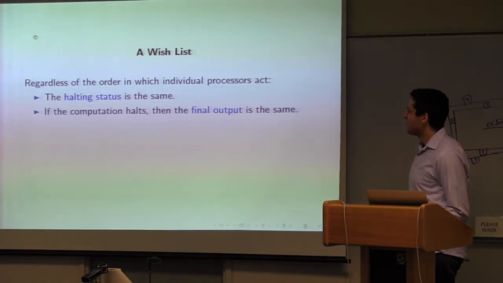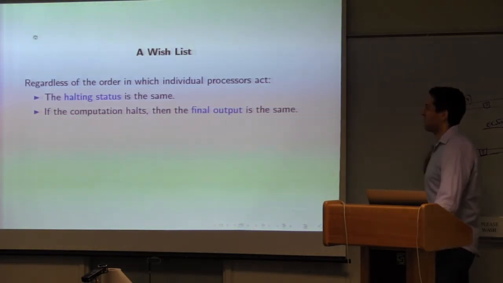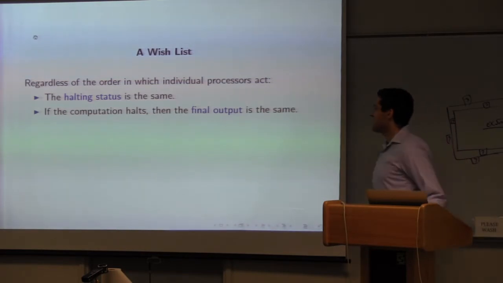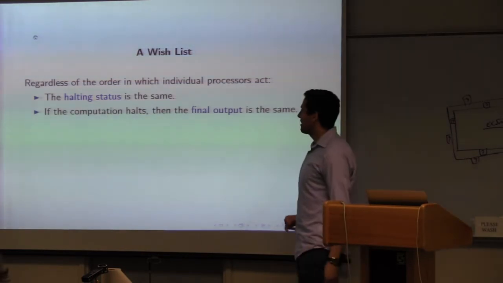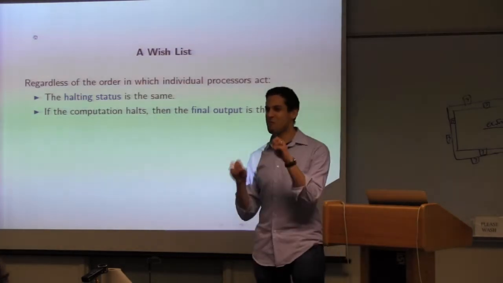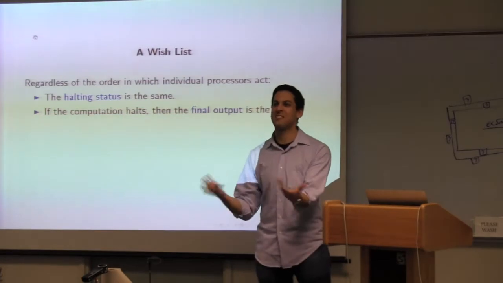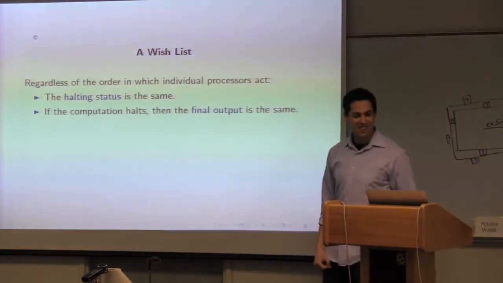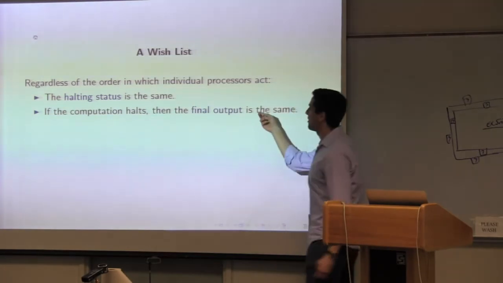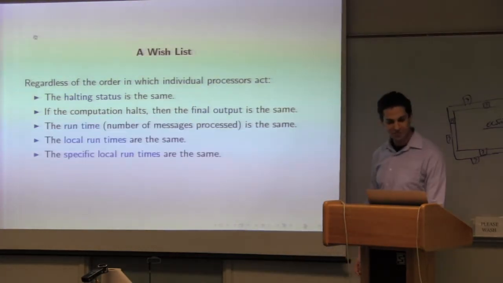Well, before we answer that, let's make a list of everything we could possibly hope for. To start with, we'd like the halting status not to depend on the order. It would be really bad if one particular execution halts, but some other execution never halts. If we give ourselves that, we'd like the final output not to depend on the order.